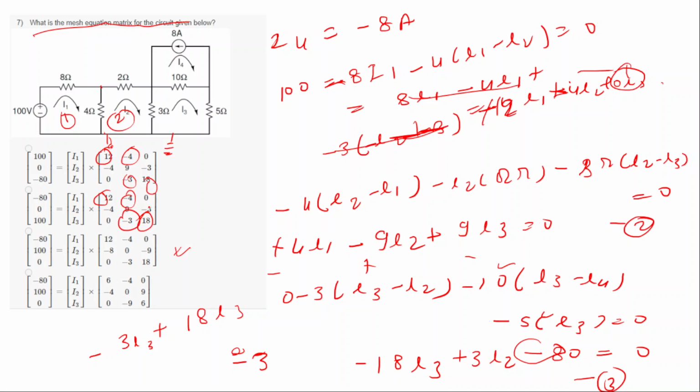The second equation: minus 4 I1 plus 9 I2, minus 3 I3 will come. In the third term 3 I3 will come, right? So the answer which will be correct is the first one. First answer will be the correct one.